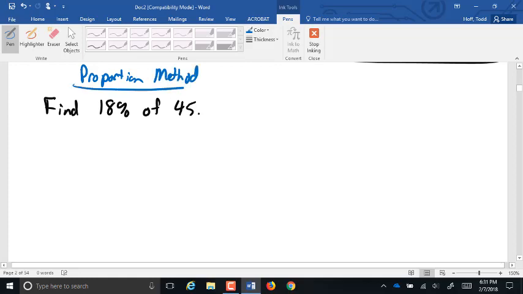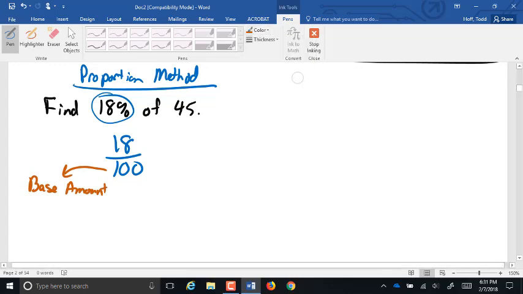And it looks a lot like what we were just doing when converting our fractions into a percent. So in the proportion method, we always start with the percent. Here, that's 18%. And 18% as a ratio or as a fraction is always 18 out of 100. Now, these two pieces of a fraction actually have very specific meanings. 100 is referred to as a base amount.